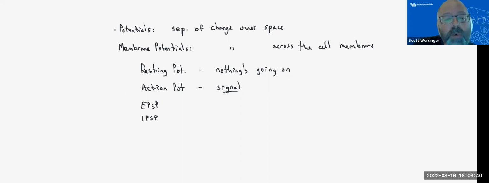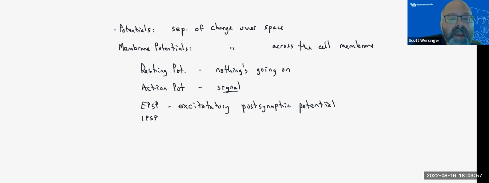EPSP stands for excitatory postsynaptic potential. And IPSP is just inhibitory postsynaptic potential. All of these are examples of membrane potentials, which is an example of a potential.